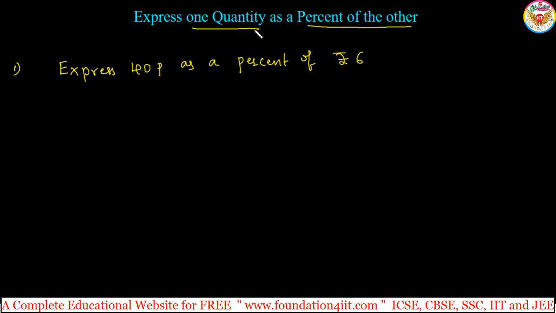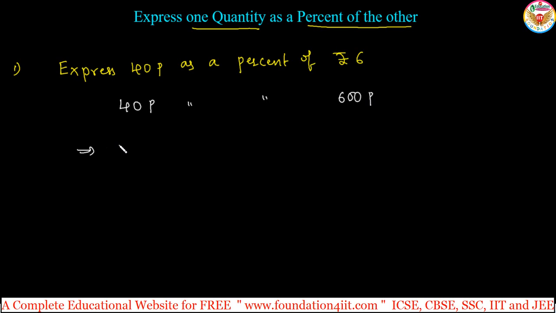That is one quantity as a percent of the other, right? As per the previous method, first make it a fraction, then convert the fraction to a percentage. Now, 40 paisa as the percentage of rupees 6, which should also be in the same unit. So 600 paisa. That means 40 paisa as the percentage of 600 paisa.